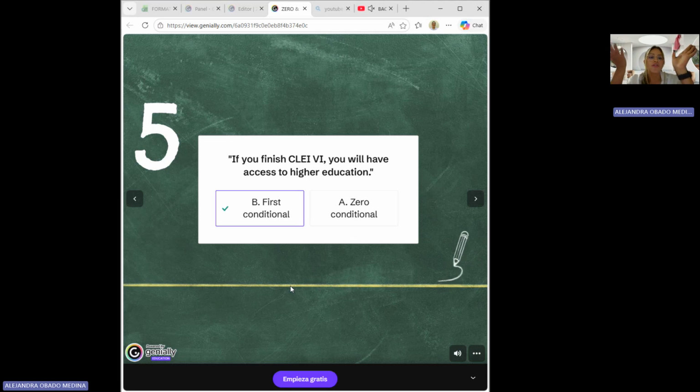Two, first conditional is real future. The structure is if plus present, will plus verb: possibilities, warnings, and promises. And three, the shortcut: look for will. If you see will, first conditional. Verbs in present simple, zero conditional.